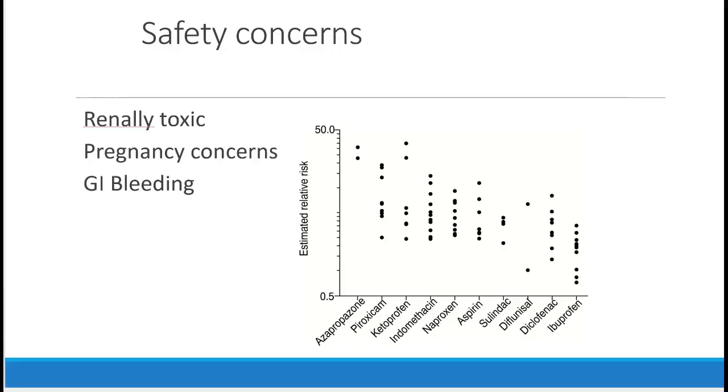And then GI bleeding is the other one that is kind of the hallmark side effect of NSAIDs. And that's, again, because you're losing those housekeeping vasodilators and prostaglandin and prostacyclin that help protect the gastric mucosa. And if you lose those, you put yourself at risk for possible GI bleeds.